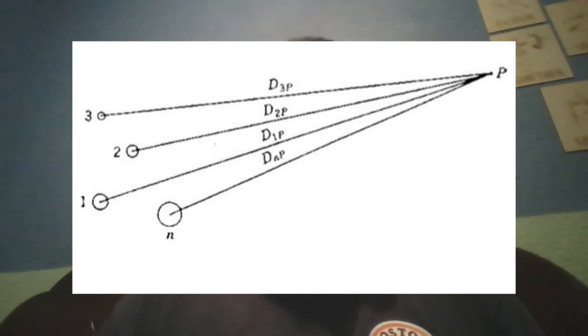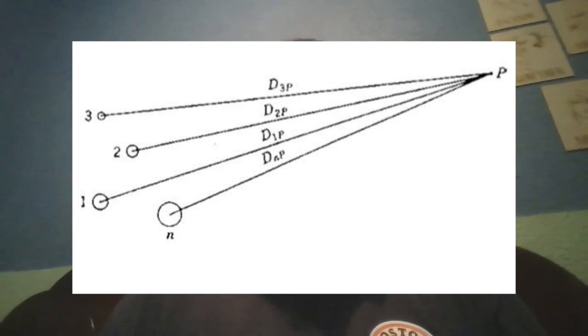Flux linkage of one conductor in a group. A more general problem than that of the two-wire line is presented by one conductor in a group of conductors where the sum of the currents in all the conductors is zero. Conductors 1, 2, 3, up to n carry the phasor currents I1, I2, I3, up to In. The distances of these conductors from the remote point P are indicated on the figure as D1P, D2P, D3P, and so on.